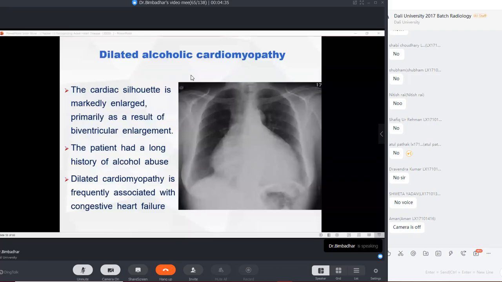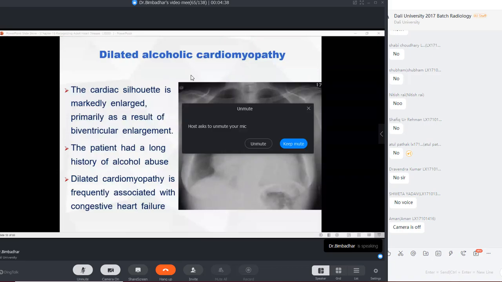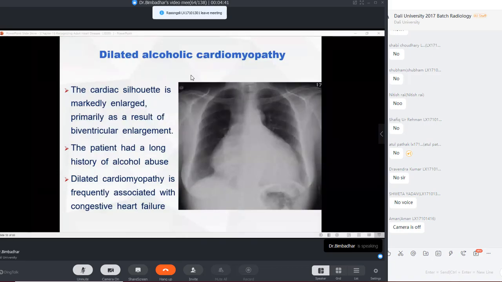This is measured and compared to the complete thoracic diameter, which is the capital T. So let us say A plus B is the cardiac diameter, and the complete thoracic diameter is C. A plus B by C should be less than 50%.